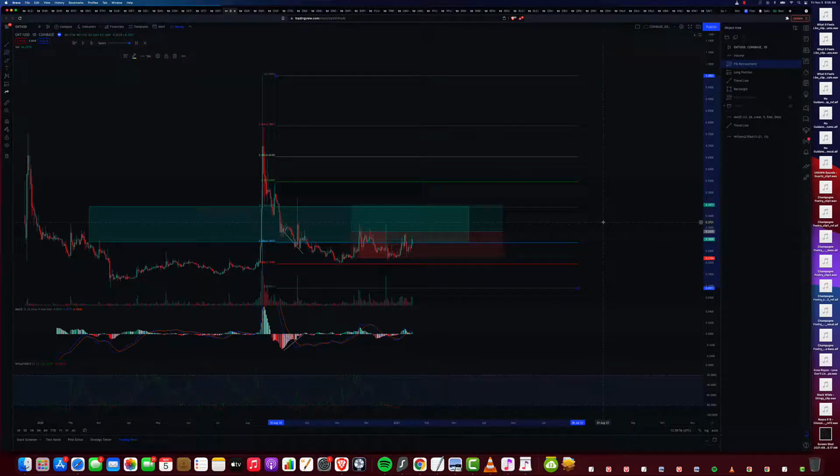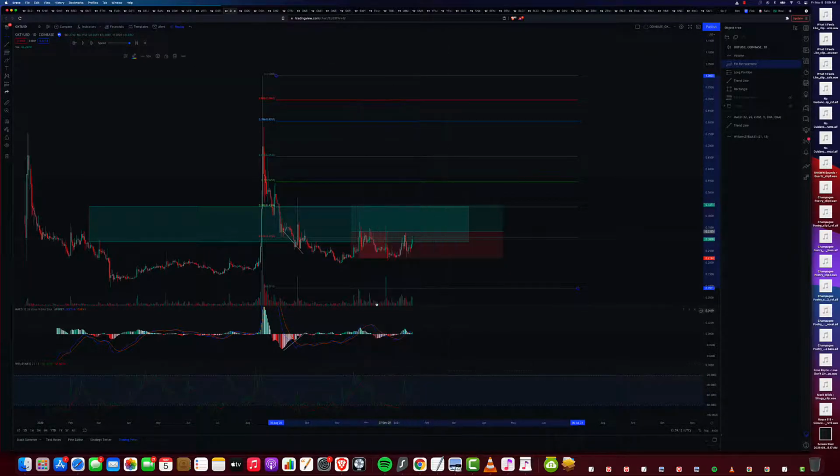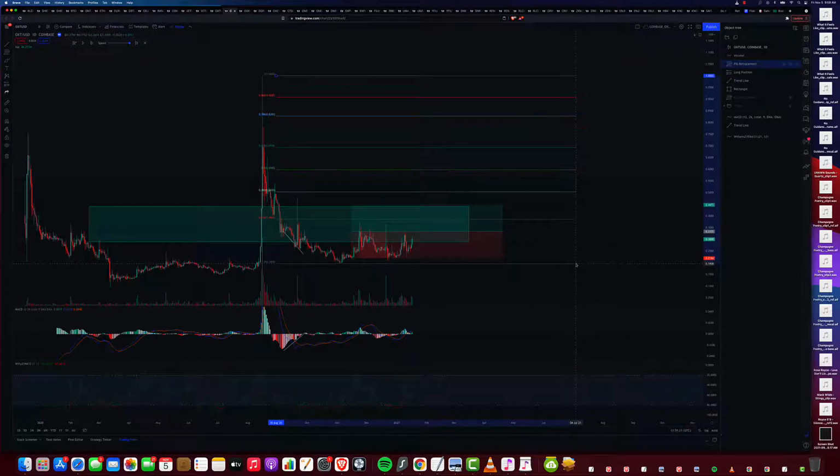All right, so since we're starting down here, you want the 0 to be down here, which means we've got to go into the settings of this fib retracement tool and reverse it. Hit reverse. All right. So now we have the 0 down where it bottomed out at.